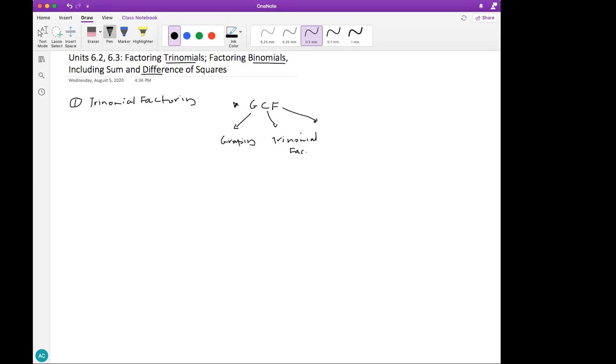And after that, if it's not a trinomial, if it's a binomial, you may try binomial factoring, which is also called the difference of two squares.